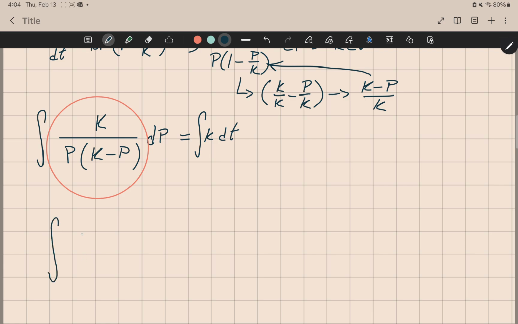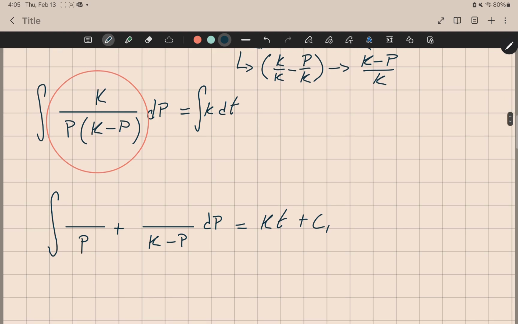I know it's going to look something like this: something over P plus something over K minus P dP. And then I'm going to go ahead and just take the integral of k dt. It's an easy guy. We got kt, don't forget your constant. And we're going to have a couple iterations of that constant, so I'm going to start with a C1.